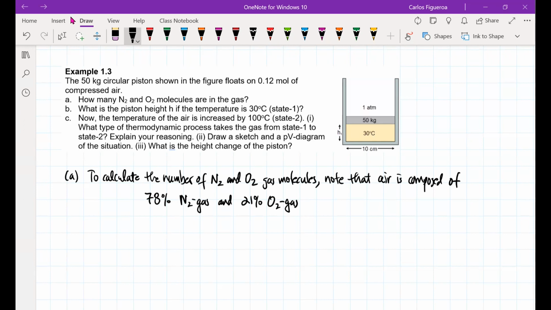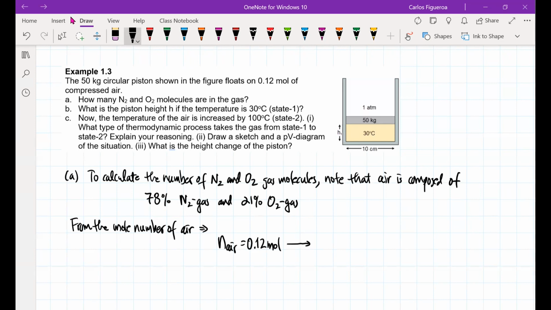So from the mole number of air, if the mole number of air is 0.12 moles, then only a percentage of them are nitrogen gas.